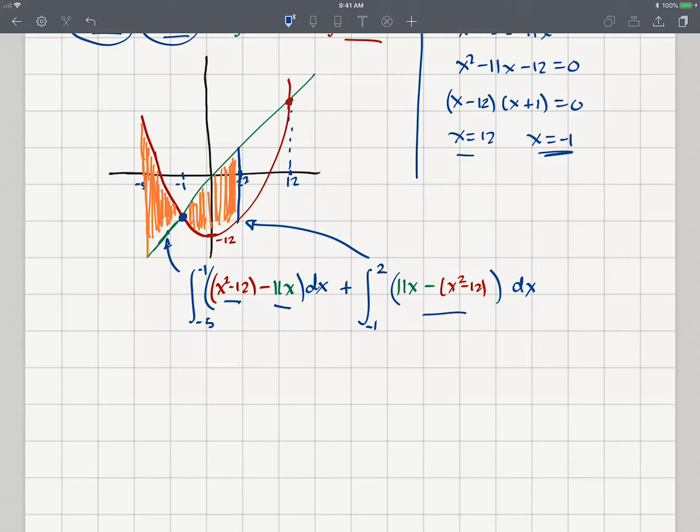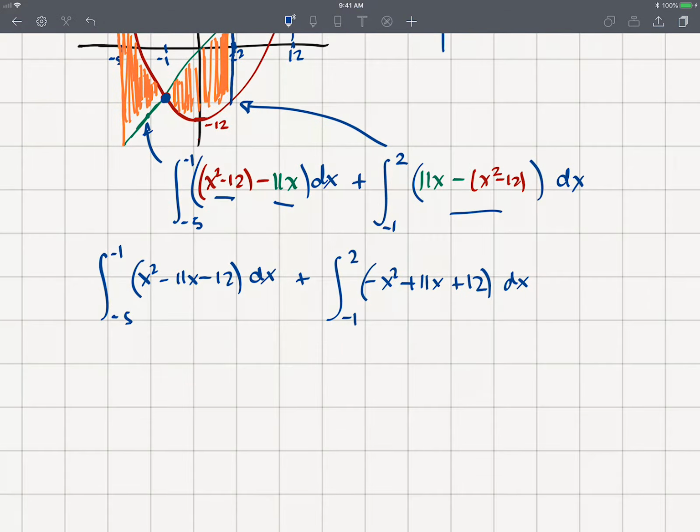If you work this out, this becomes the integral from negative 5 to negative 1 of x squared minus 11x minus 12, and this is the integral from negative 1 to 2 of negative x squared plus 11x plus 12, dx.